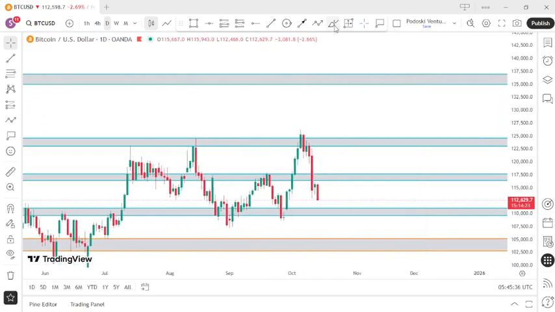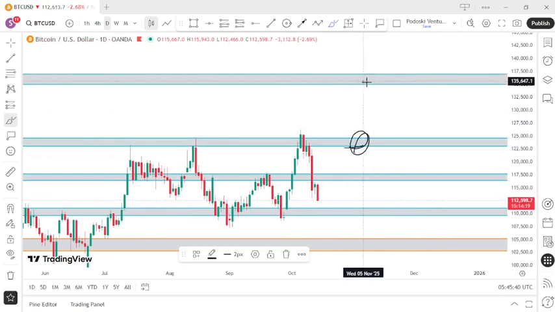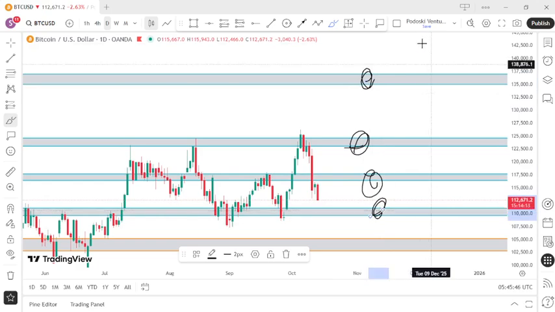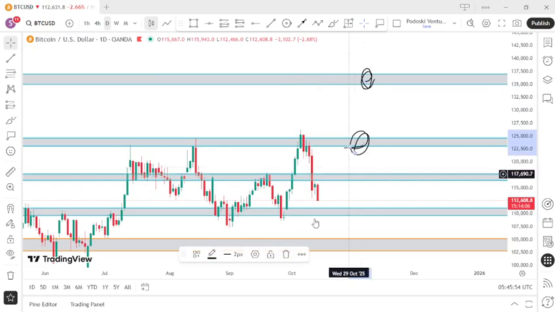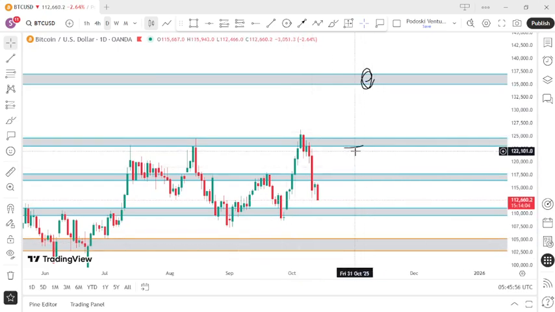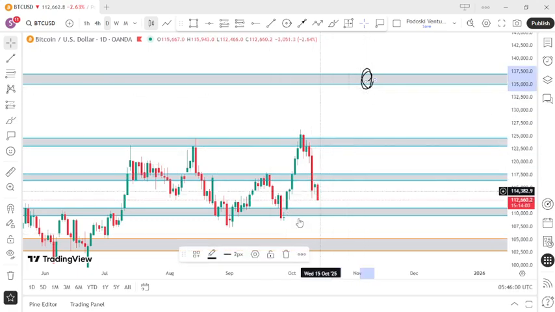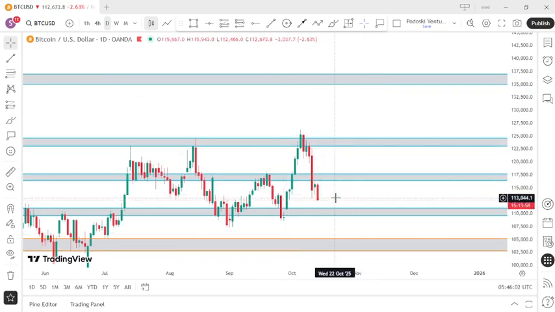So on the daily time frame, I have my daily upper zone, midway zone, and my daily lower zone. So from the daily time frame, you can see that BTC is moving to the upside, as confirmed from the higher time frame.